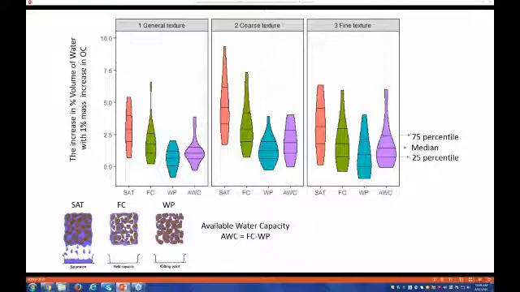Most of the studies, about 50,000 data points all around the world, show that the actual increase is around 2 to 3%. It's under different conditions, different organic matter and different soil types.